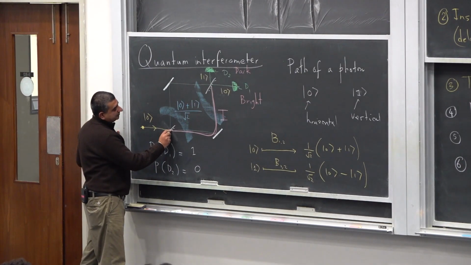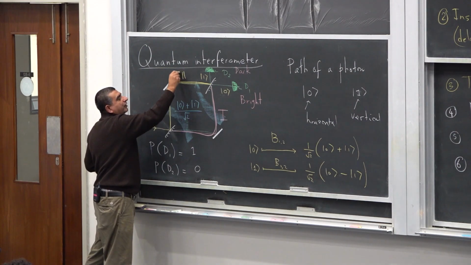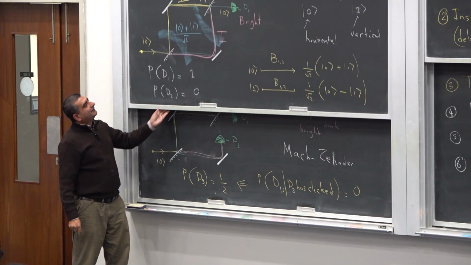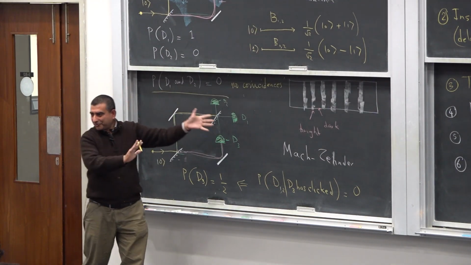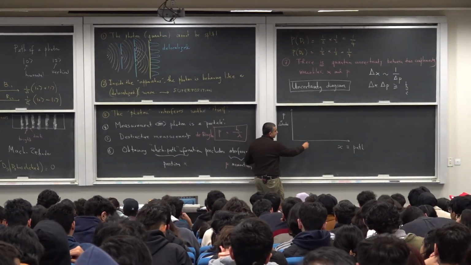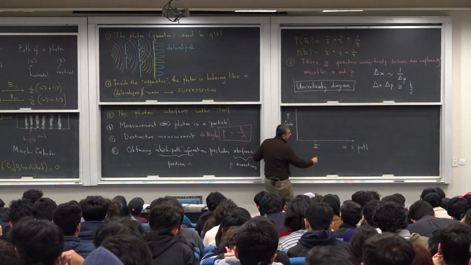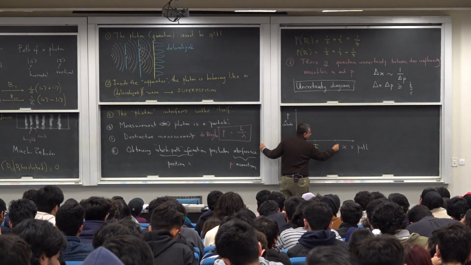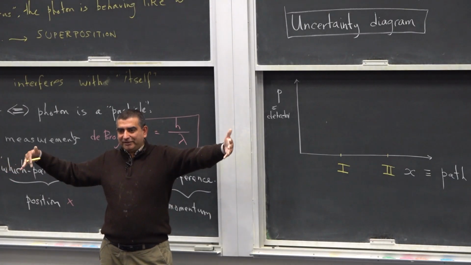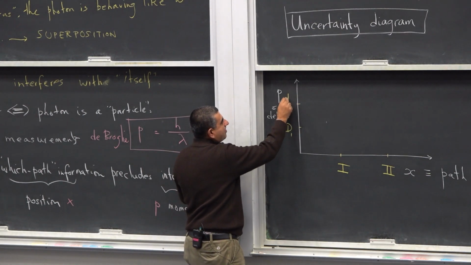So this path, let's call this 2, okay? So there are 2 possible positions, 1 and 2. One possibility is 1, the other possibility is 2. And there are 2 possible detectors, so let's label them D1 and D2.